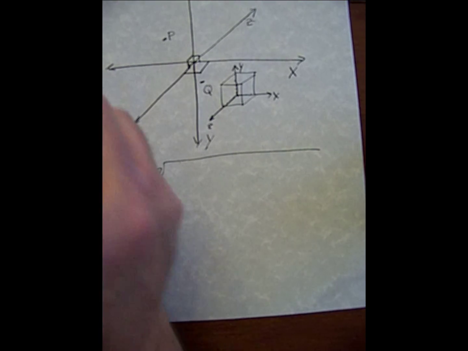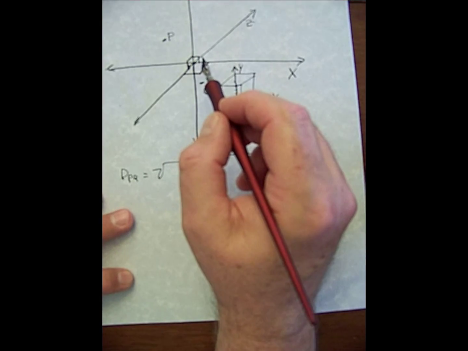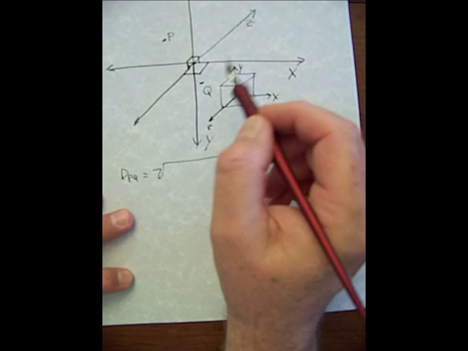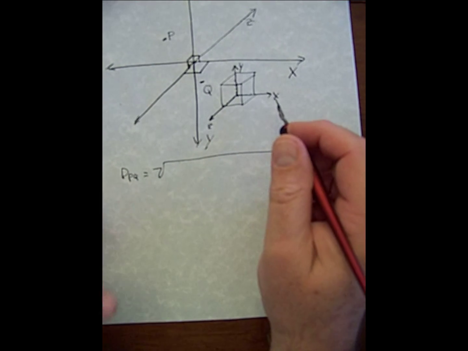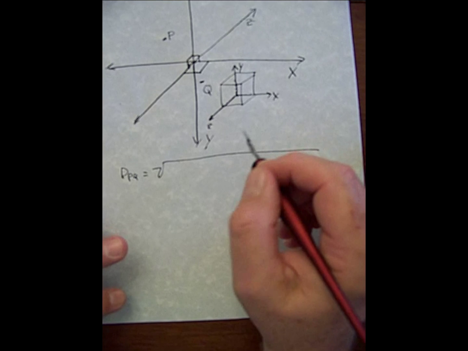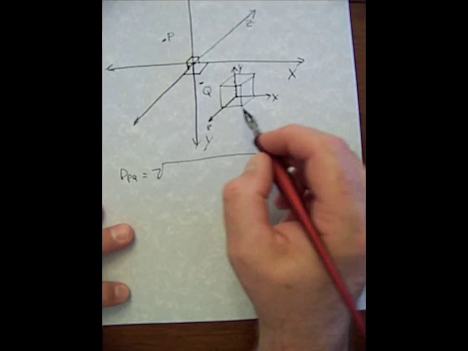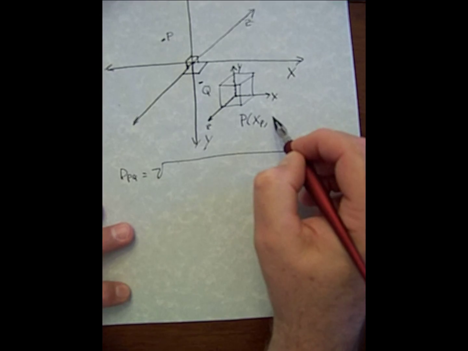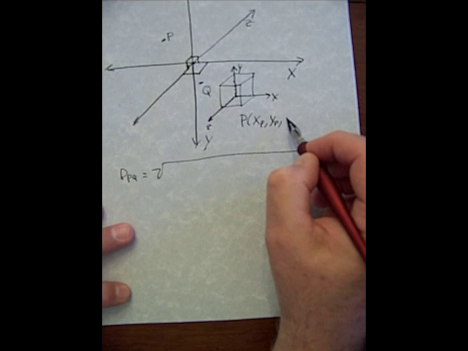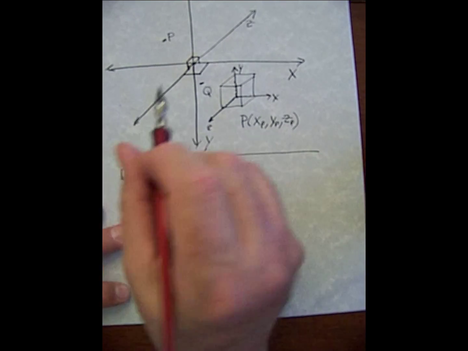Well, now that we have three dimensions, each point here has three coordinates, not just an x coordinate, not just two, a y coordinate, but a third one, a z coordinate. So for any point P, we have to give it three coordinates, x, y, and z.